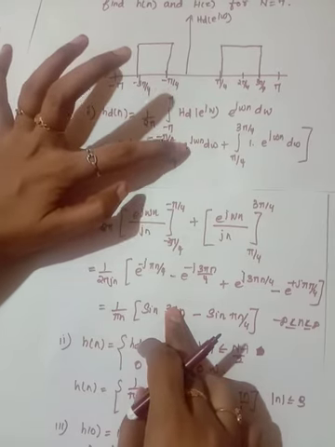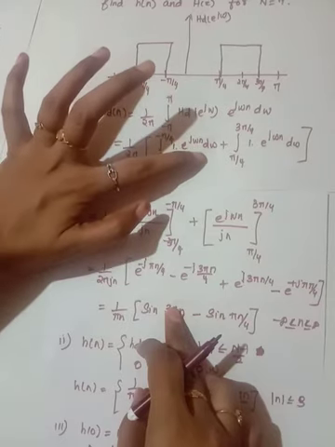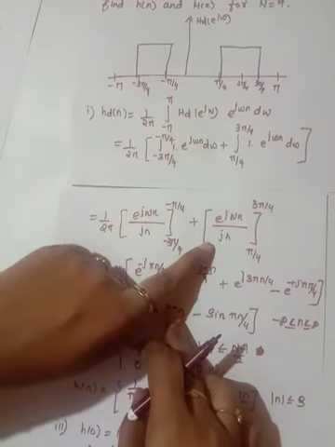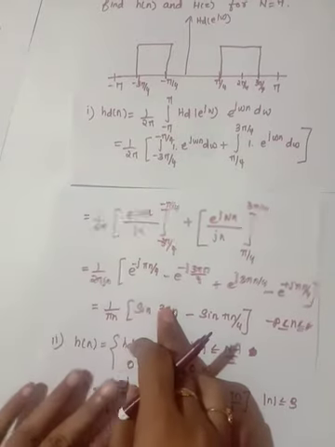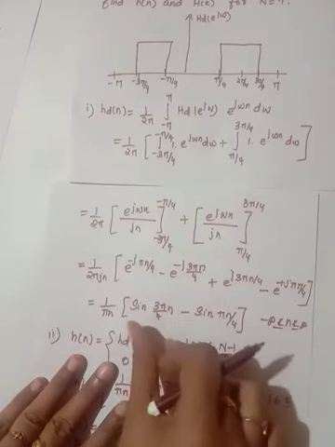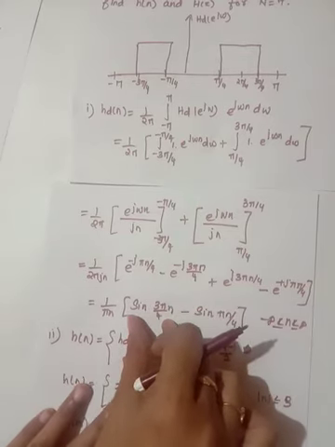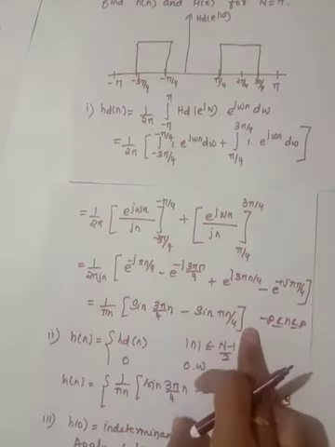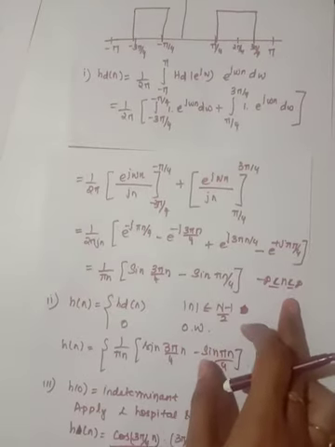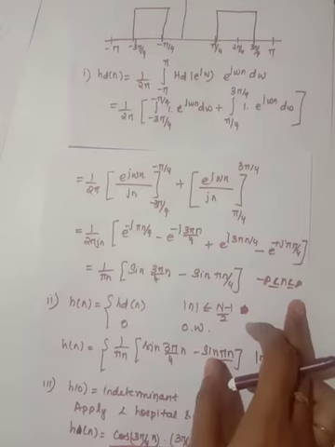Integrating e power j omega n with respect to omega, I get e power j omega n by j n. Then applying the limits, I interchange these values so that I can combine to get the sine values. This is for n from minus infinity to plus infinity.